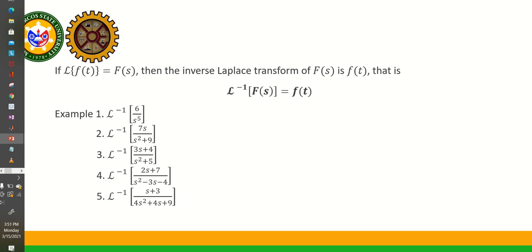Okay, so this is a continuation of our discussion in inverse Laplace transform.